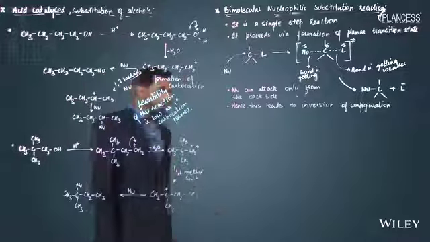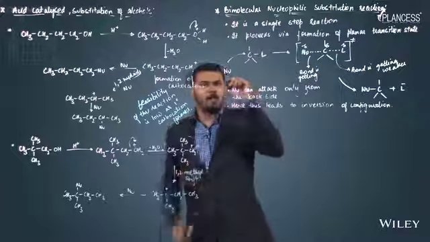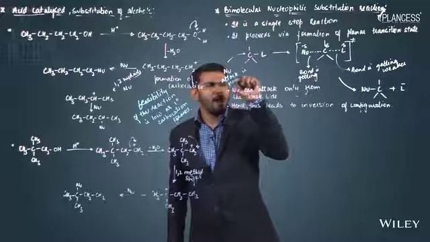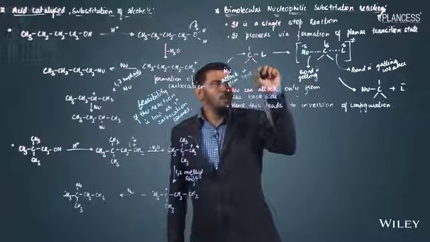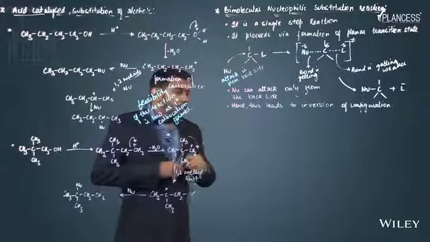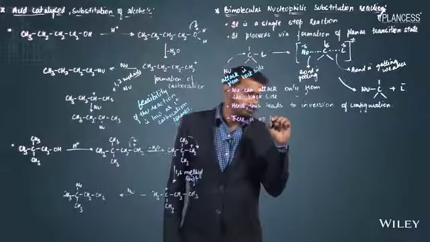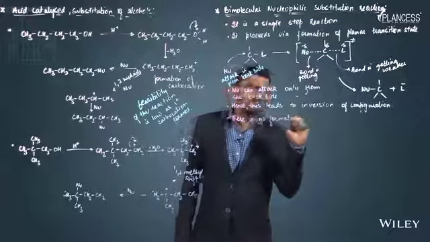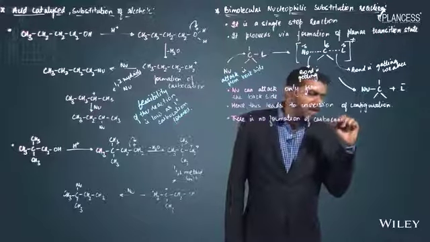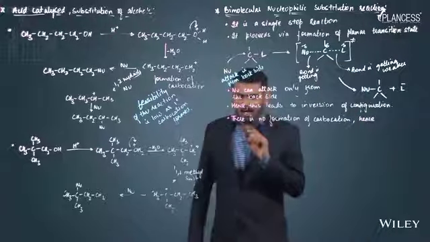Hence this leads to inversion of configuration. I hope that point is clear to you. The attack has to take place from the backside. One thing which we are very clear about is that there is no formation of carbocation, hence rearrangement does not take place.